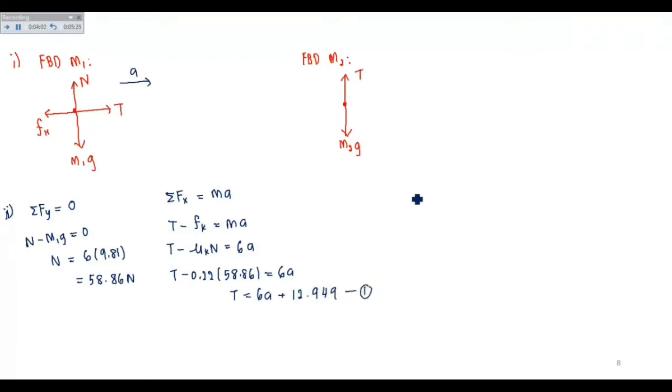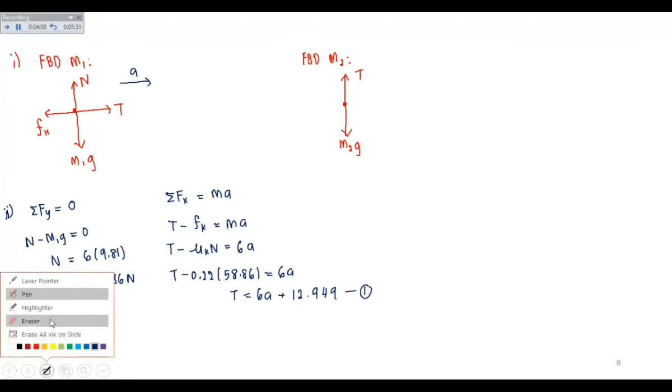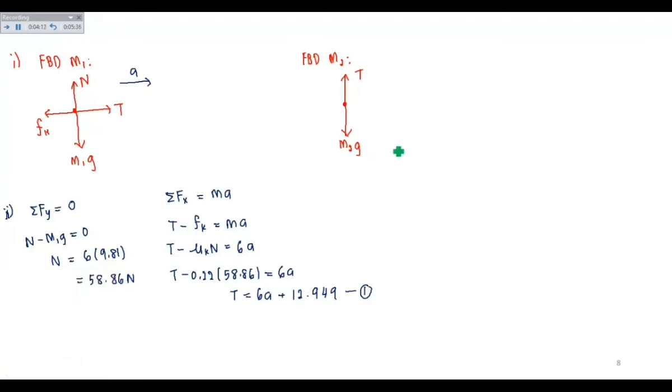Alright, so now kita resolve untuk free body diagram M2. Yang ni akan jadi summation Fy equals to negative ma, sebab A kita untuk M2 dia ke bawah. Sebab tu jadi negatif.